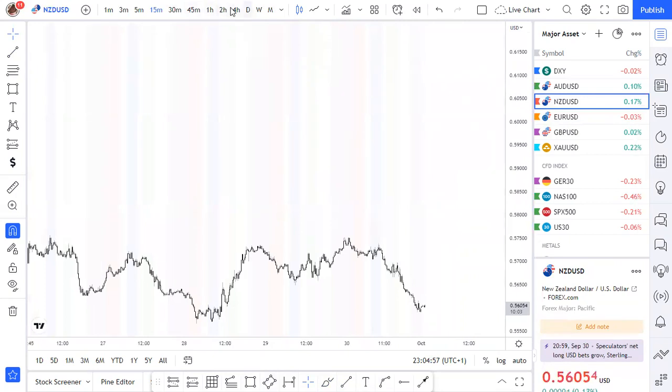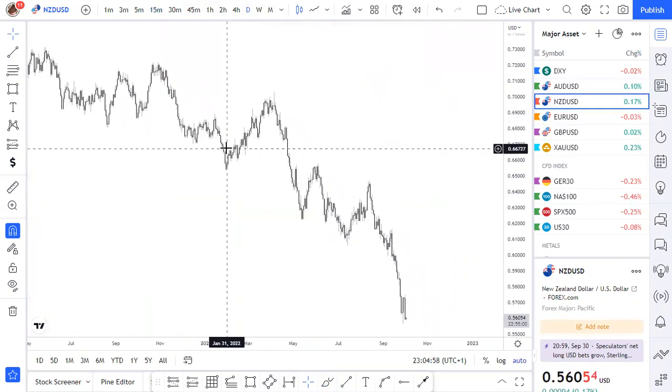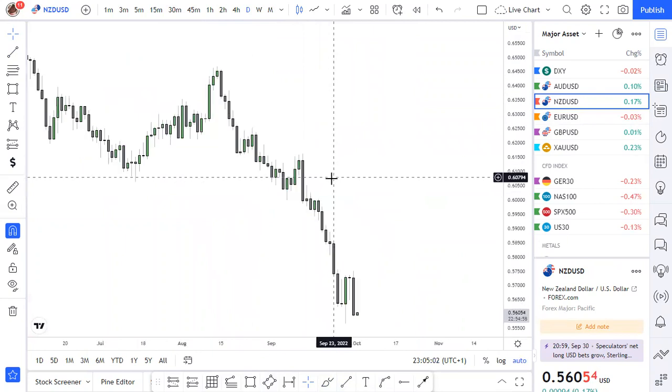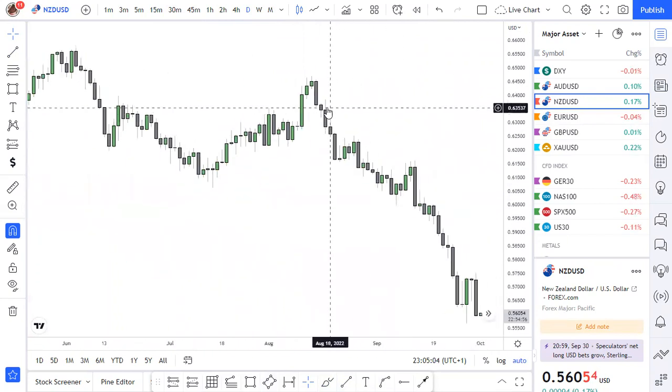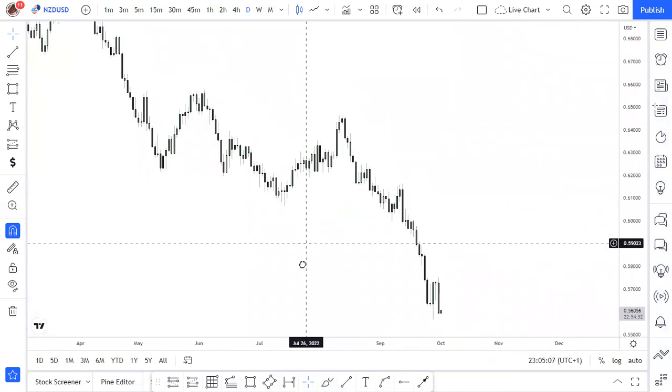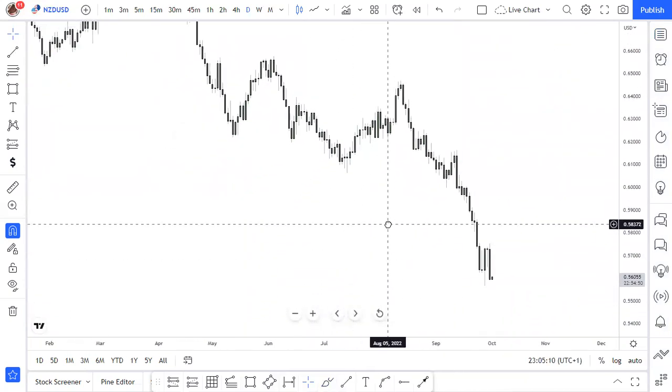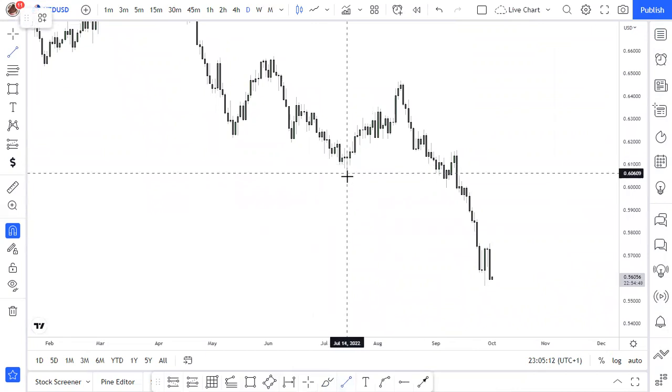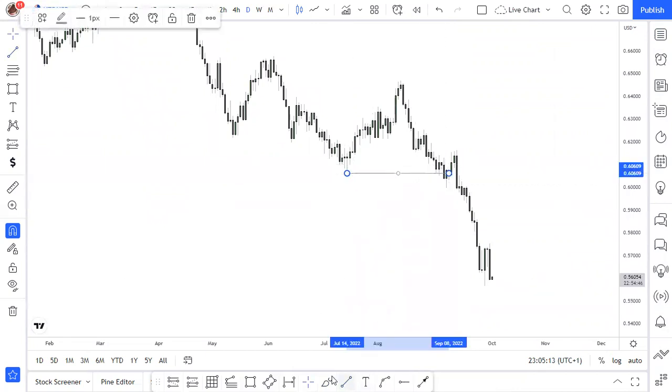NZD/USD, the same price action as AUD/USD, just a little difference, but it's the same thing. So here we have break of structure.